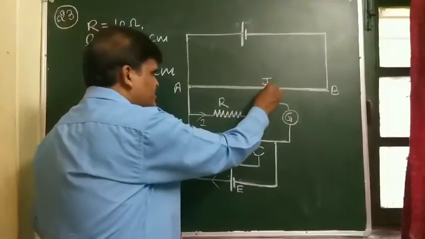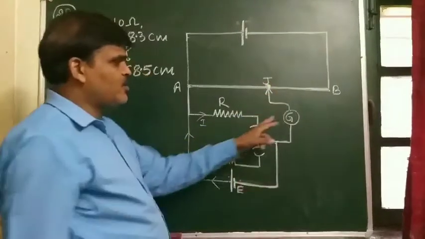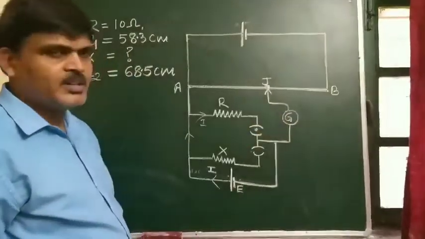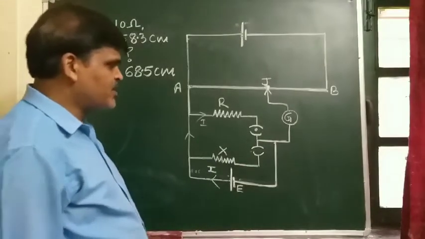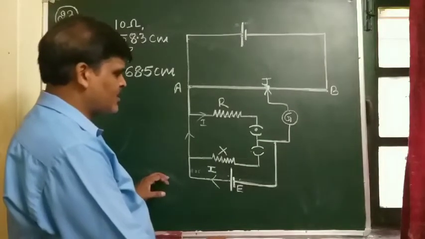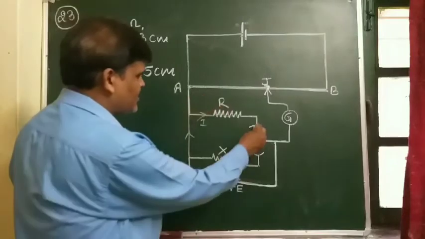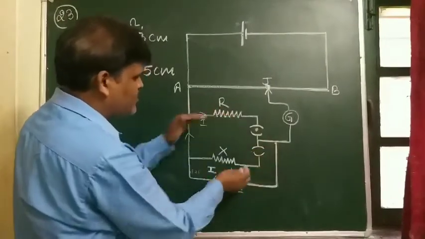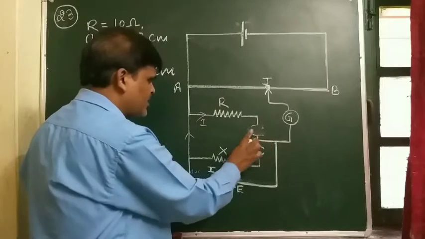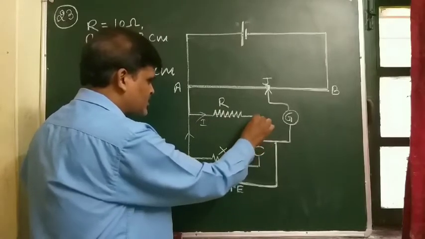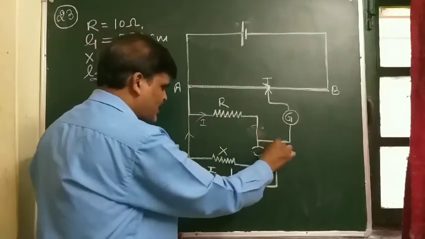When the jockey is touched on the potentiometer wire, there will be no deflection in the galvanometer. Student, it means this circuit is connected in parallel.